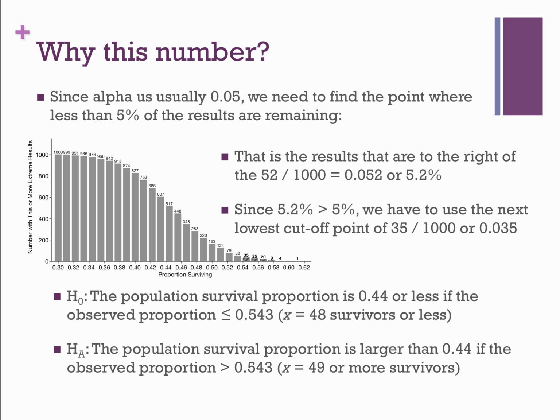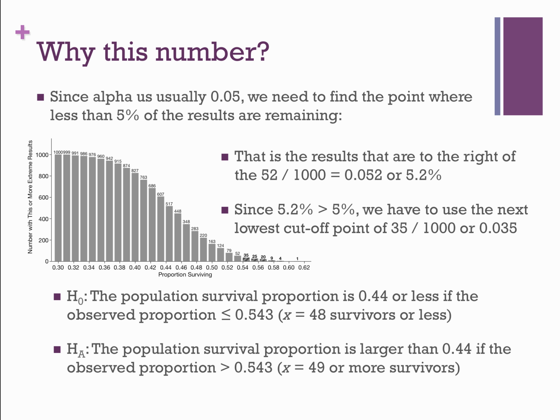You can see here the highlighted bars to the right of 52 are those bars that have 35, 25, 20, 9, 4, and 1. So our null hypothesis says that the proportion is 0.44 or less if our observed proportion is less than 0.543. That's our 48 survivors.